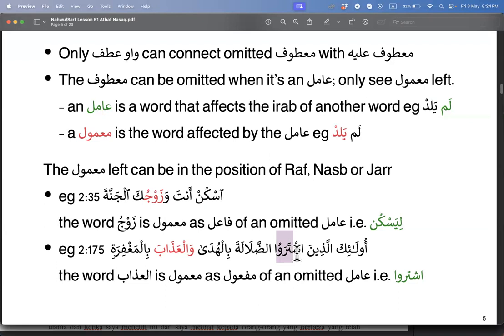When you use ishtara with ba, you are saying that what you buy and this is what you pay for, meaning what you give up. When you buy something, you have to pay with money or something, right? So Allah is saying they bought misguidance and they give up guidance.